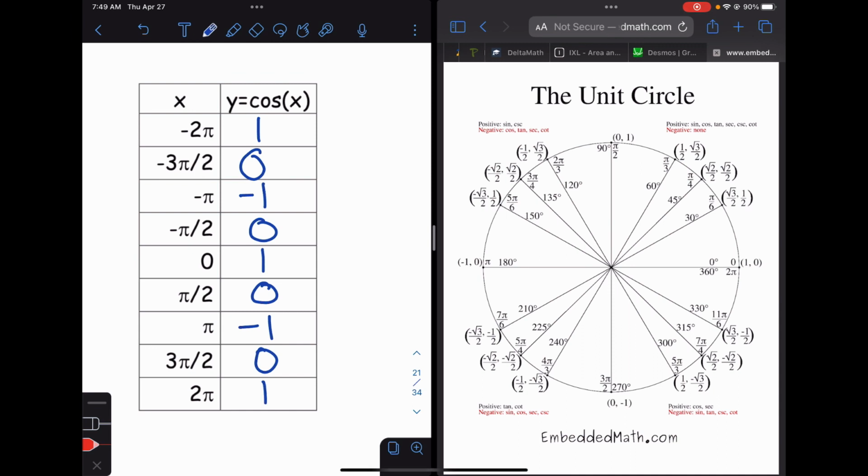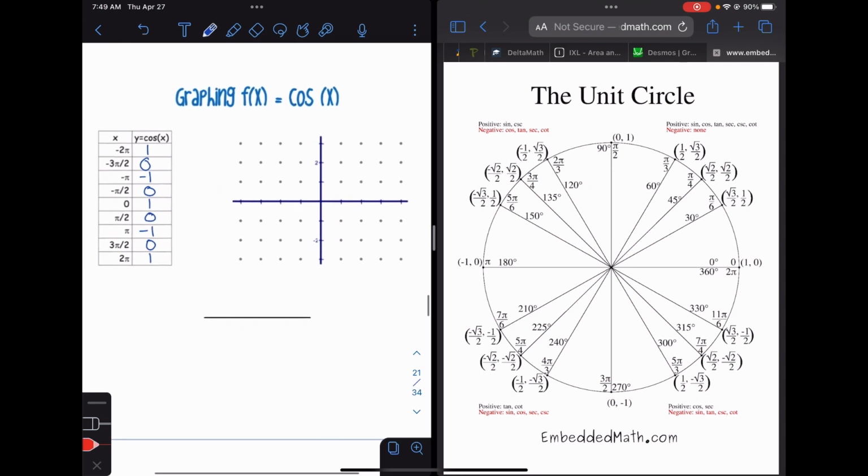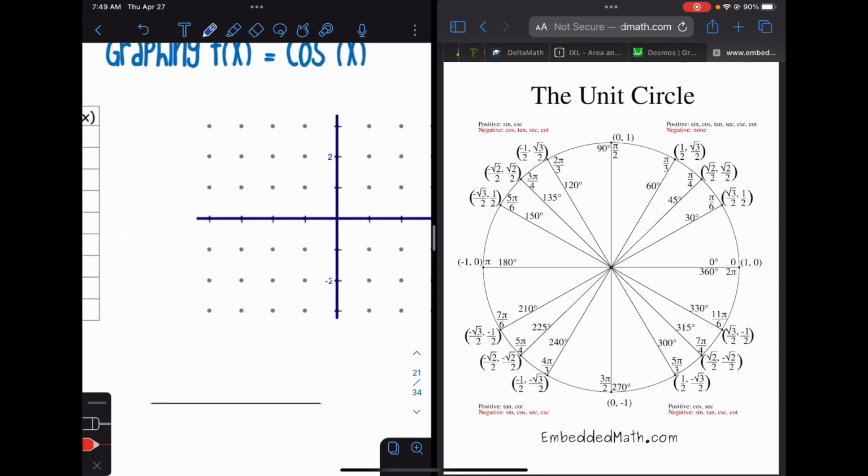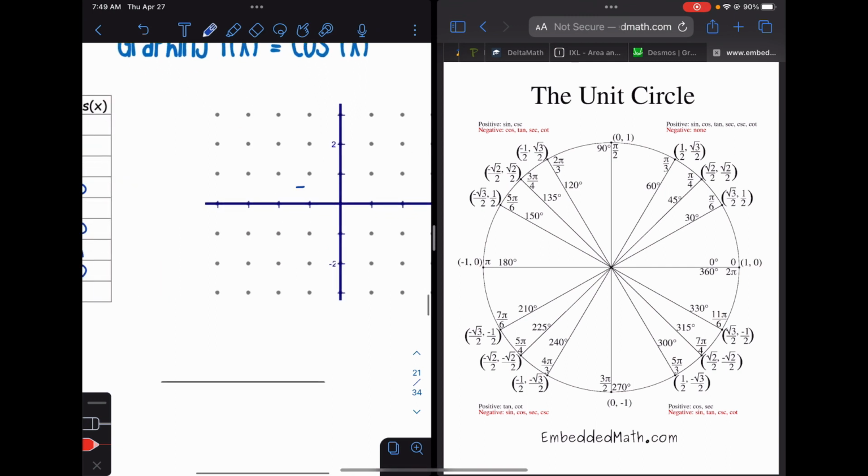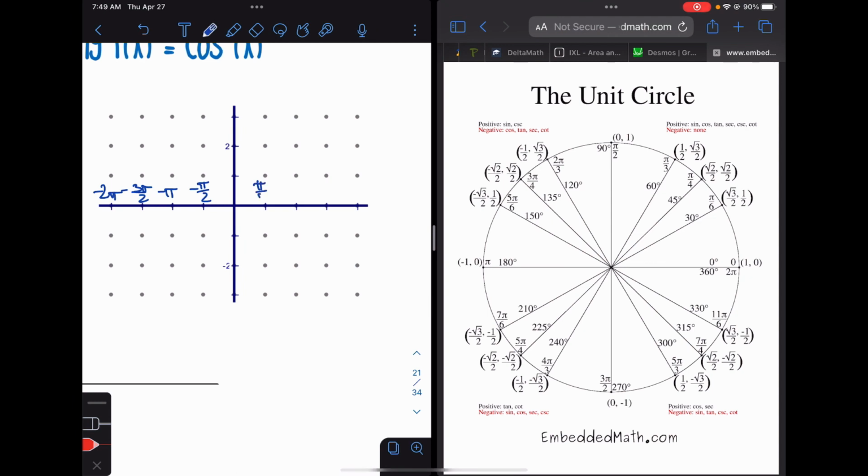Again, we're just going to label our x-axis with these values: negative pi over 2, negative pi, negative 3 pi over 2, and negative 2 pi. Then pi over 2, pi, 3 pi over 2, and 2 pi.